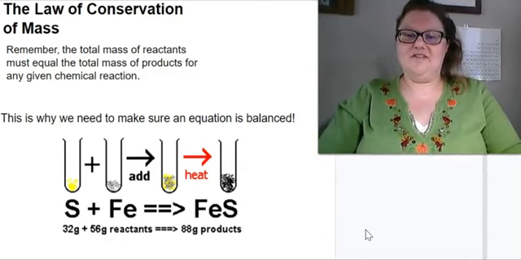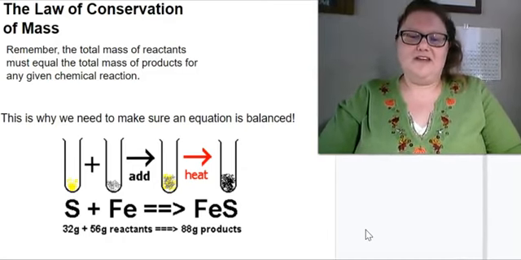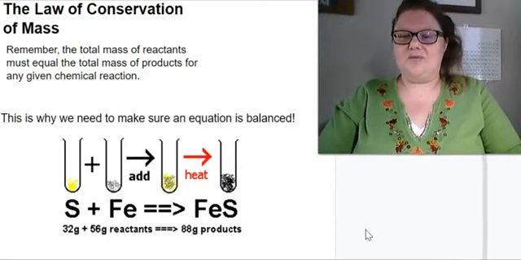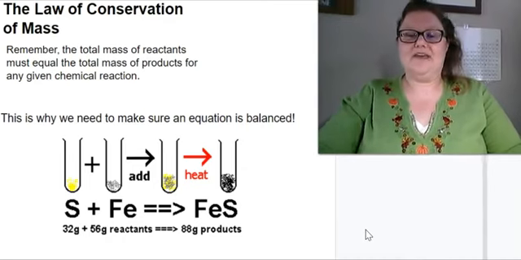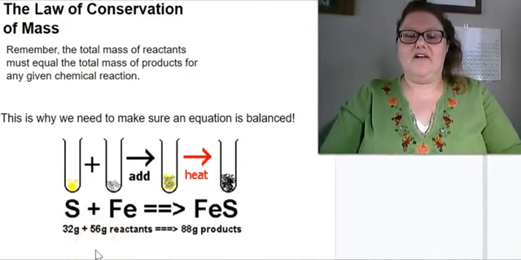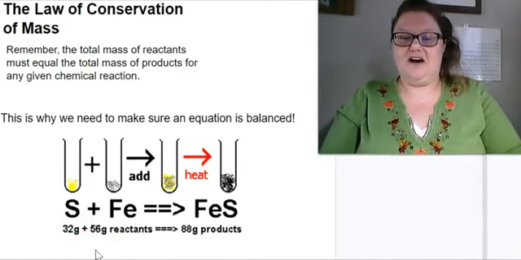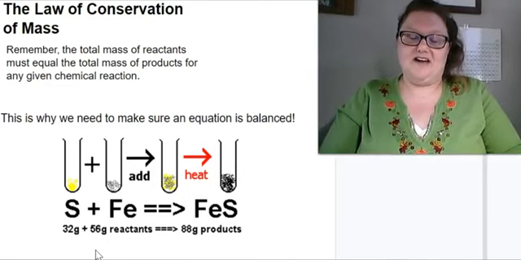Here we see another example using sulfur and iron. So if we heat this up on a Bunsen burner, we're going to get a new product called iron sulfide. And when we do that, we can take our measurements in grams of the sulfur and the iron, and you see those measurements right here, 32 and 56 grams.